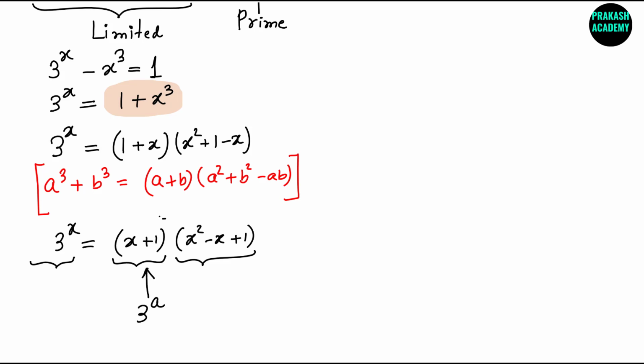Why? Because if this is 3 raised to the power x, with base 3, then this number should also be 3 raised to some power, and this number should also be 3 raised to some power. Only then, if I multiply these two powers of 3, will I get something equal to 3 raised to a power. So this will be 3 raised to the power a, and this number we can express as 3 raised to the power b.